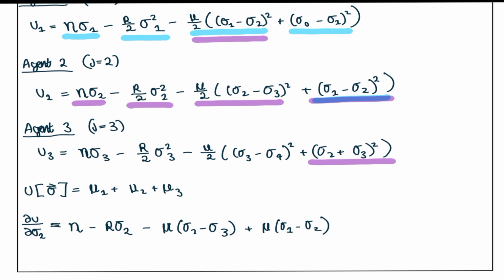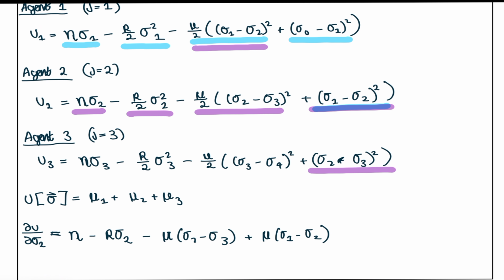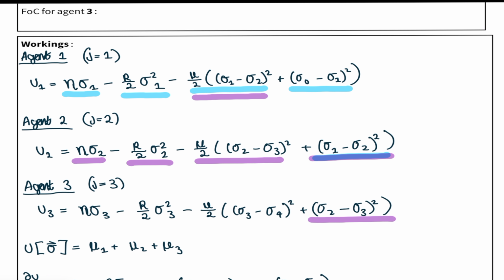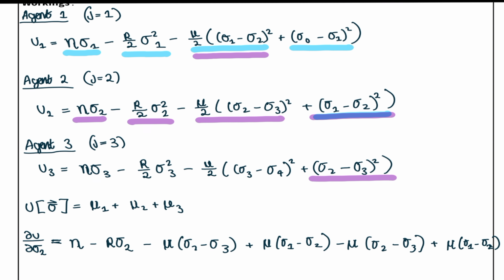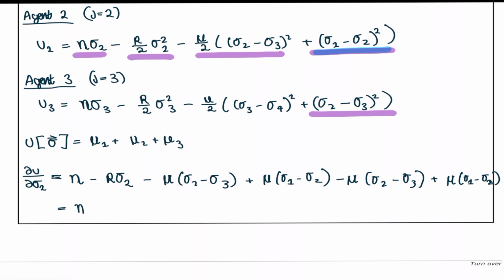And if we now move on to differentiating this, this should also be a negative sign. Yep. If we go on to differentiating this, we will get plus mu sigma 2 minus mu, bracket sigma 2 minus sigma 3. And if we go on to differentiating this, we get plus mu sigma 1 minus sigma 2. Hopefully you can follow that.